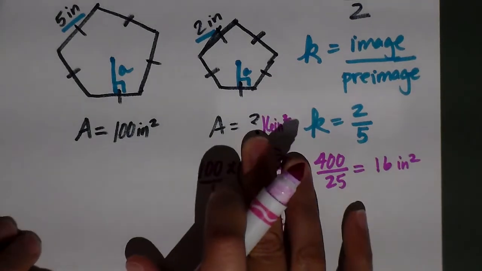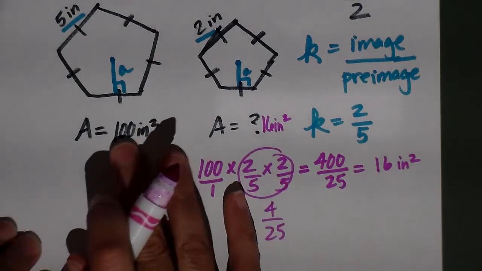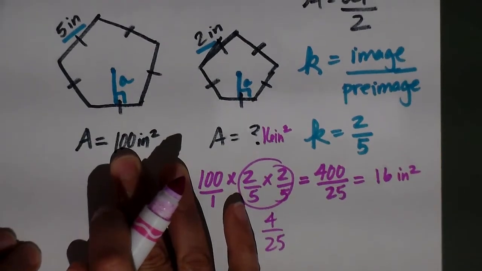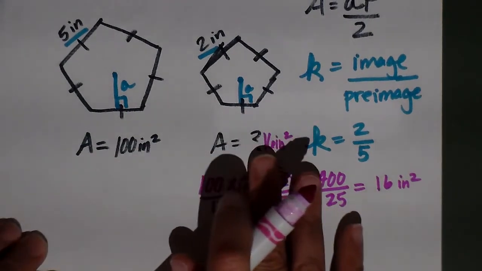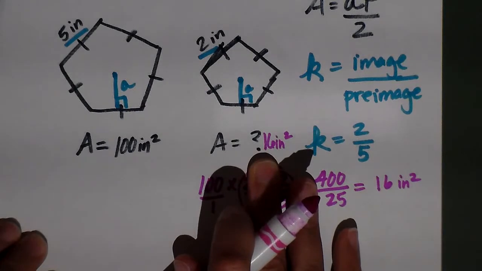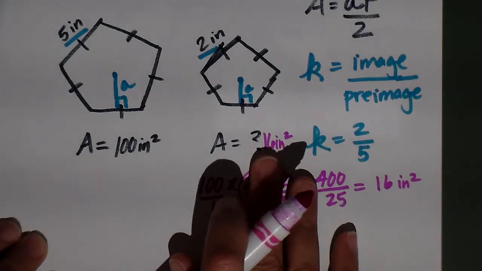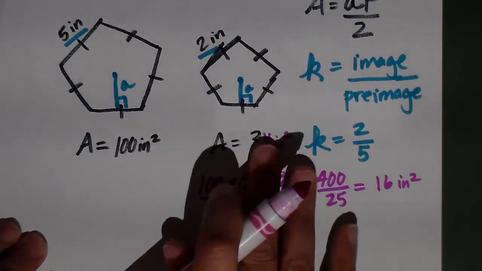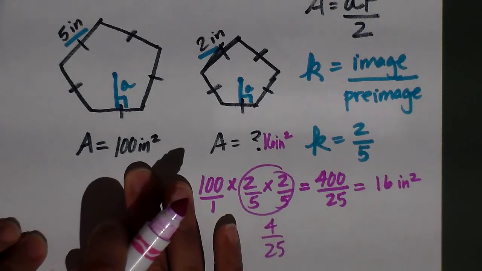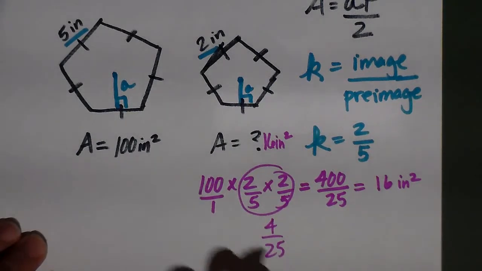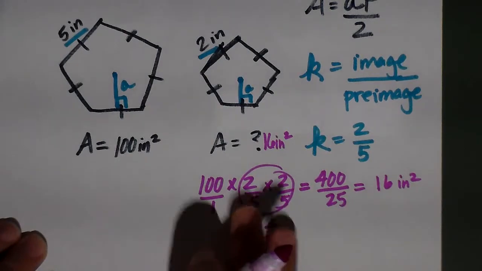Now what if I gave you the area of this one and told you to find the area of this one? You would do it the same way, except instead of multiplying the area by the scale factor, to go backwards from the image back to the pre-image, you would divide by the scale factor twice. So I would divide by 2/5 twice.